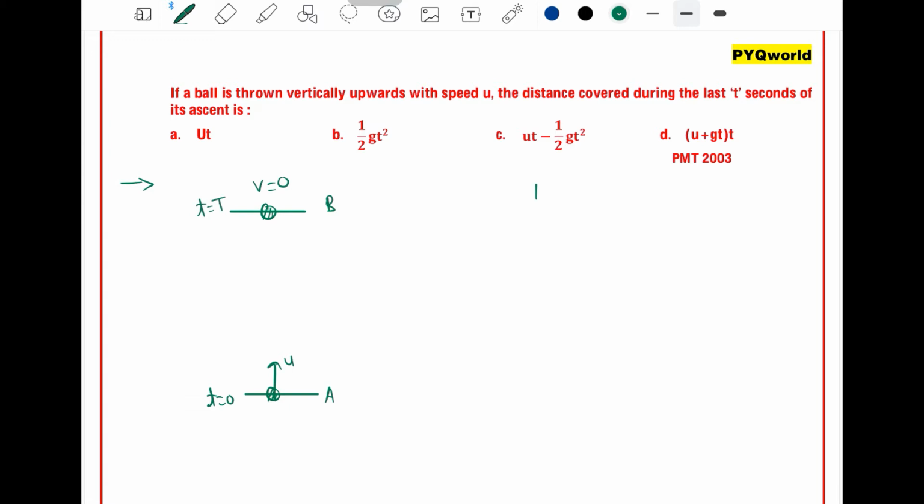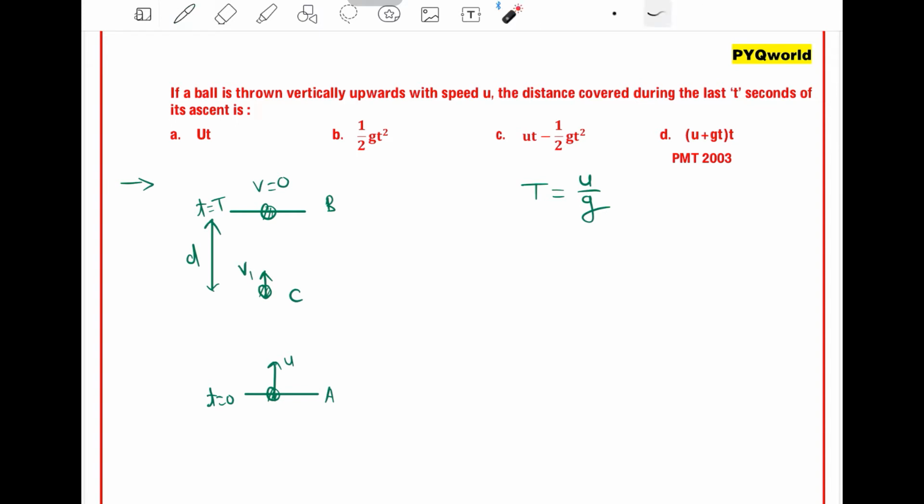We know that time of ascent can be written as capital T is equal to u by g. Now, what is the distance covered during the last t second of its ascent? Suppose in the last t second this particle is covering a distance of d. So at just the start of the last t second, the particle is at this point, let's say this point is C. Suppose the particle is moving with velocity v1.